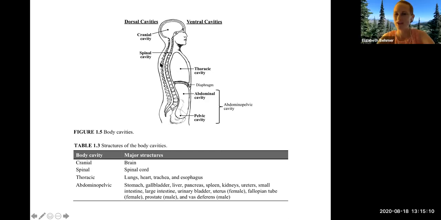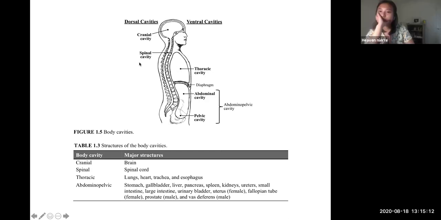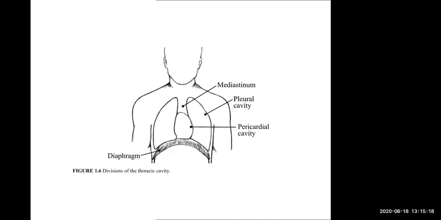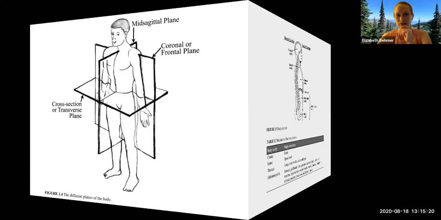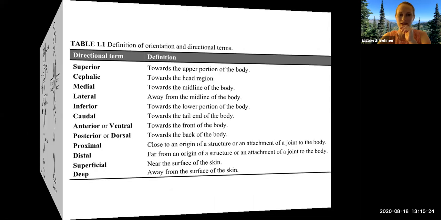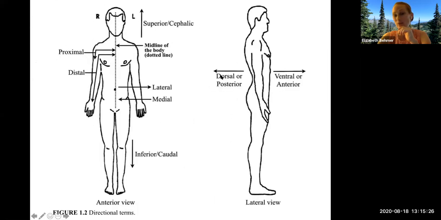Or what were other 2? Ventral. Ventral and dorsal, yes. So just take a look at this one more time here. Dorsal would be posterior and ventral would be anterior. So we could describe the abdominal cavity as ventral to the spinal cavity.